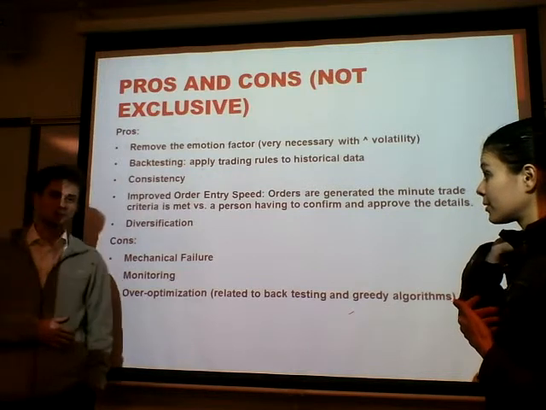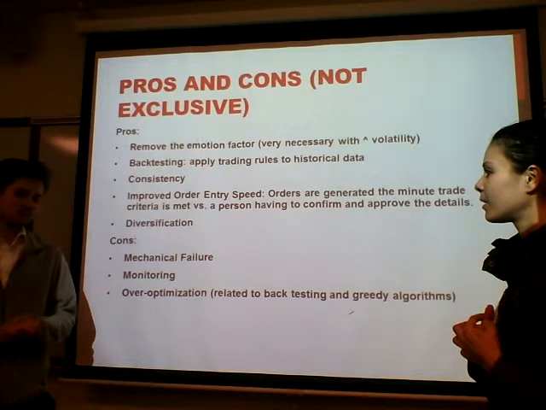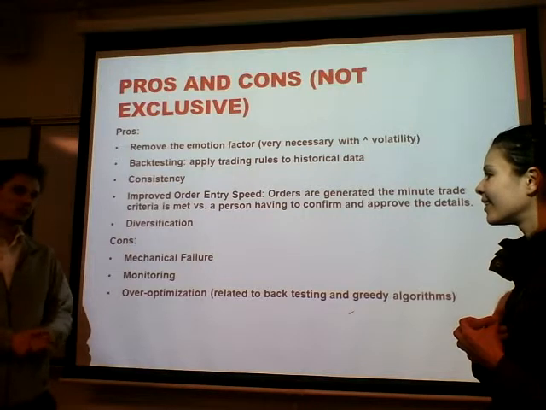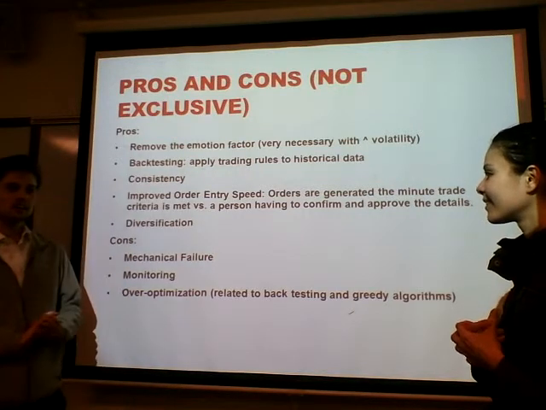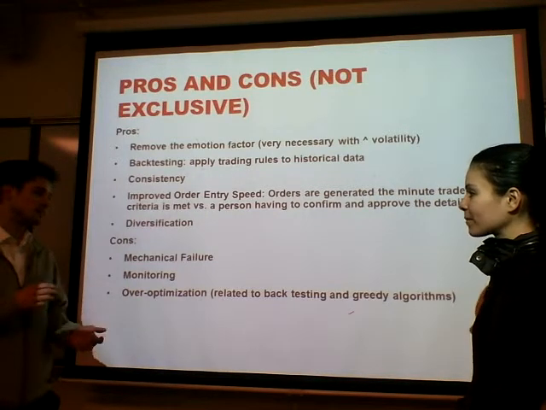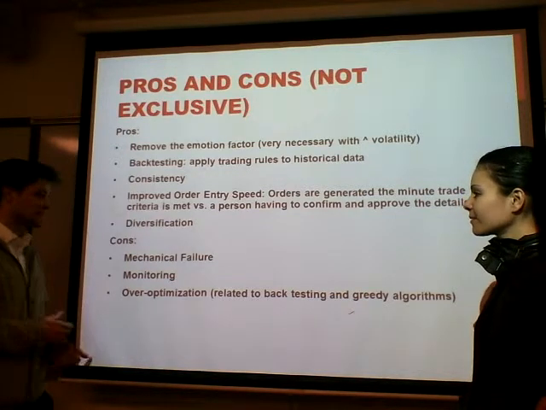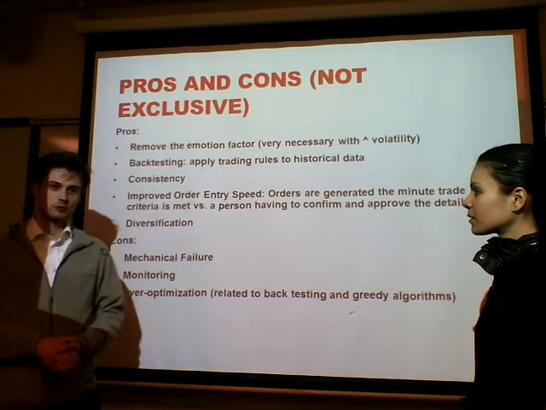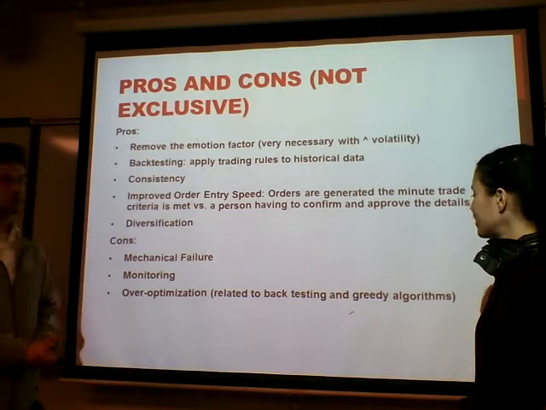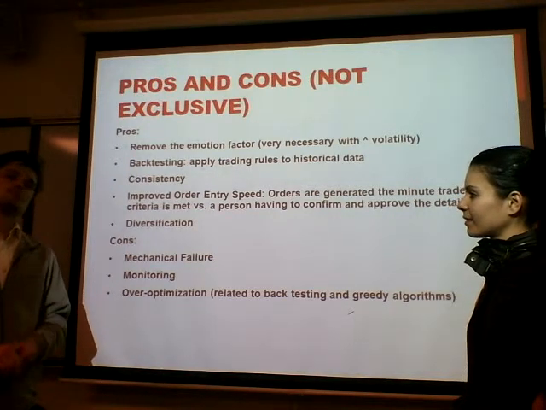I think it's worth mentioning an example that we saw yesterday in the market. AP's Twitter was hacked, saying that there were 2 explosions at the White House, and this news was immediately read by algorithmic trading software, and we saw that the Dow immediately dropped 142 points, and then jumped back up once these rumors were cleared and debunked.